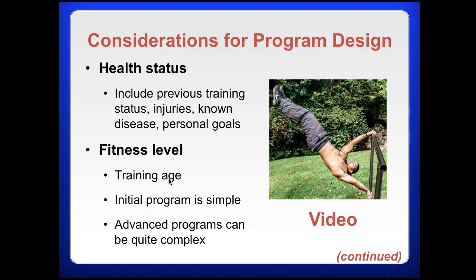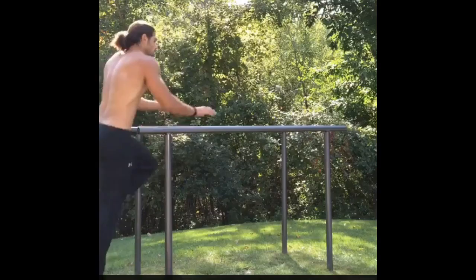The more experienced a person is, they're going to need more advanced programs in order to gain muscle strength. So if you first take on a client, you want to start them out pretty simple, and as they move through the program, you can give more complex exercises like this one here.